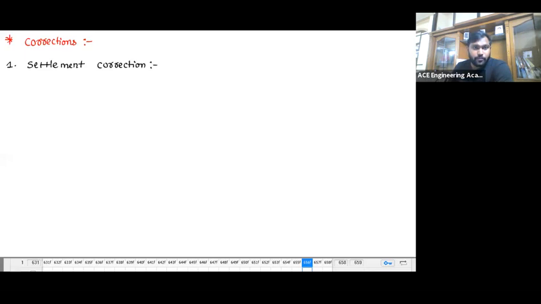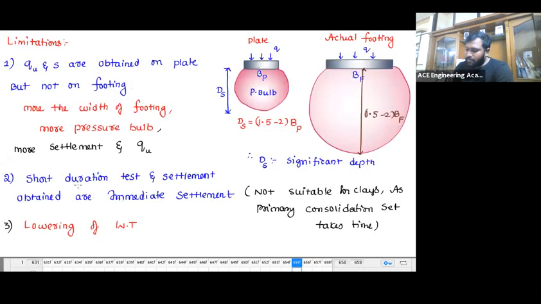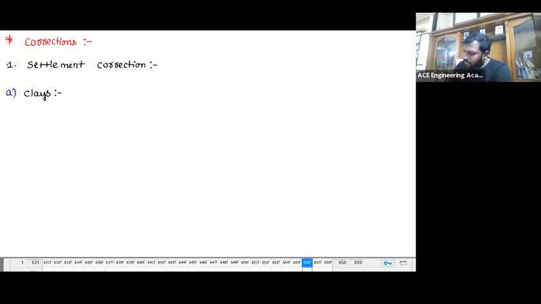If it is a clayey soil, I hope you remember the immediate settlement equation: the net pressure by Young's modulus into B into (1 minus mu square) into I. Net pressure means the pressure from the external load, the pressure from the structure, neglecting the self weight of the soil mass. So from here I can simply write SI is directly proportional to B.